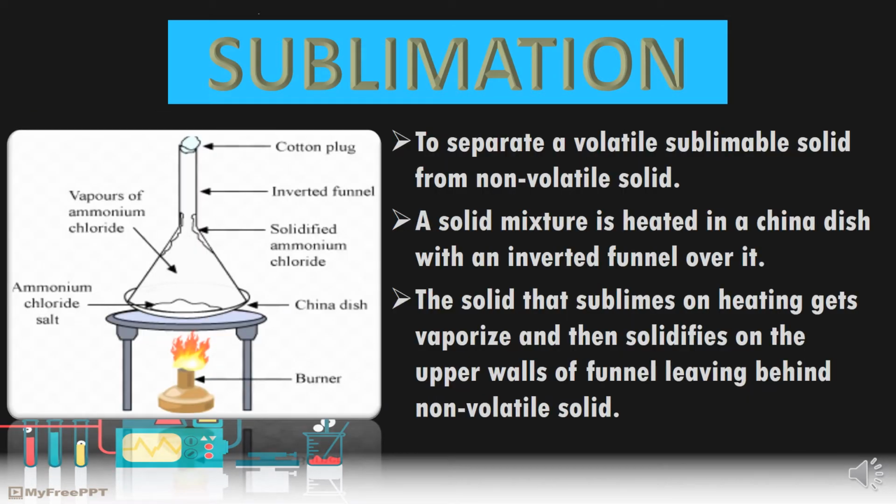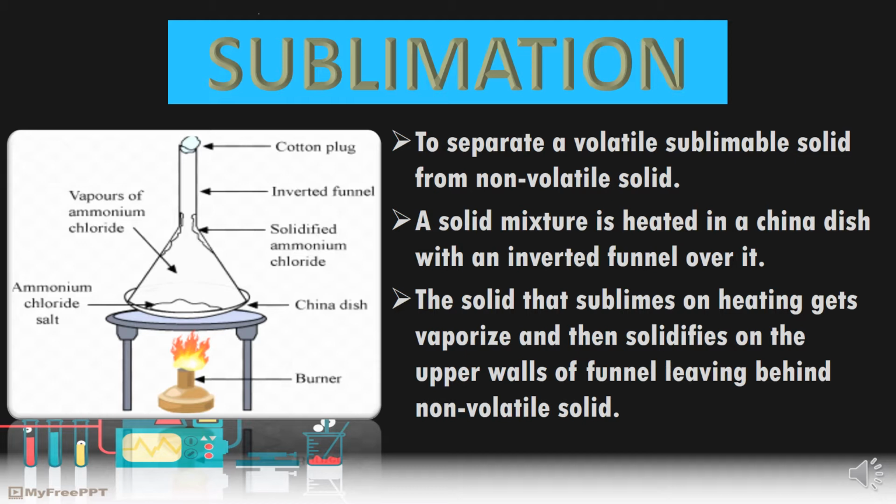Next is sublimation. Sublimation is a process in which a solid substance directly gets converted into vapor without converting into liquid. So if a substance is sublimable, a volatile solid which directly sublimes on heating, it can be separated from other impurities which do not sublime. In this method, the mixture is taken in a china dish and covered with an inverted funnel, as you can see in the diagram.